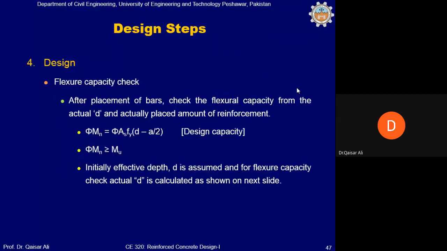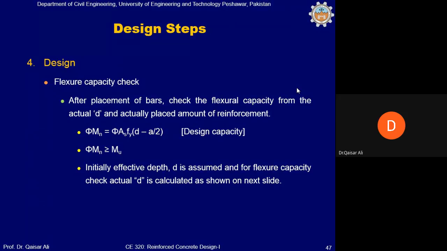Okay, next is the design phase. When the reinforcement is placed inside the beam and the design is completed, we will finally check the capacity, because in the beginning we assumed 2 things. One, we assumed the effective depth of the beam, because the exact effective depth of the beam is not known to us. You know that the effective depth is the distance from the top of the beam to the centroid of the reinforcement.